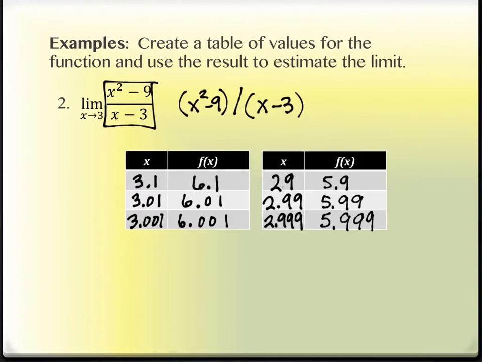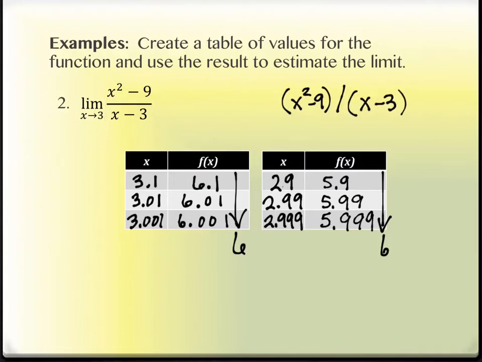Good. So as you go down both these lists, what do they get close to? They get close to the same number, 6. And so when that happens, we would say that our limit is 6. Okay? The limit's 6.